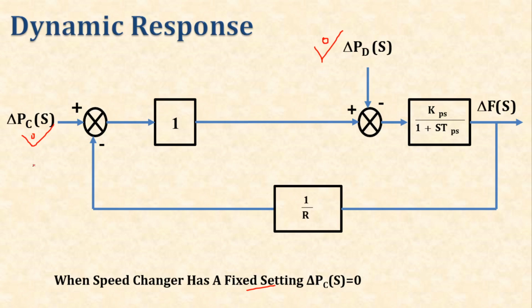So this input has been cancelled out, this summing point has been removed, and this minus sign will be given to this block, minus 1 upon R. This minus 1 upon R and the 1 come in series, so they will be replaced with a single block with a value equal to minus 1 upon R into 1, that is, minus 1 upon R.